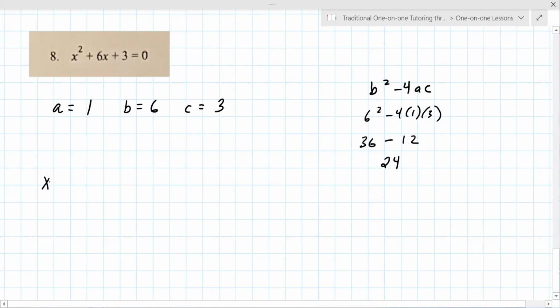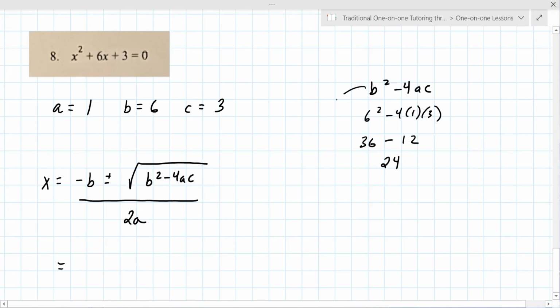Good. So the next thing you do is you write the quadratic formula. And this time, instead of substituting in the numbers for B squared minus 4AC, you're going to substitute in what you found it to be.